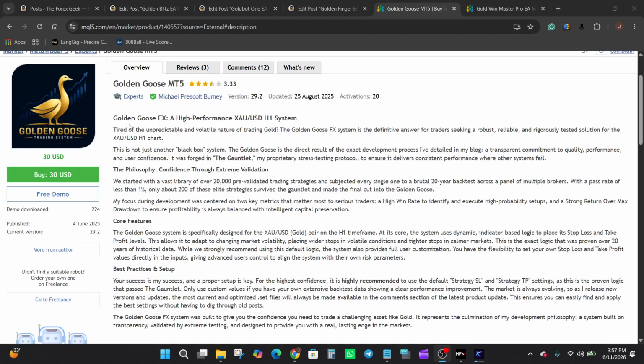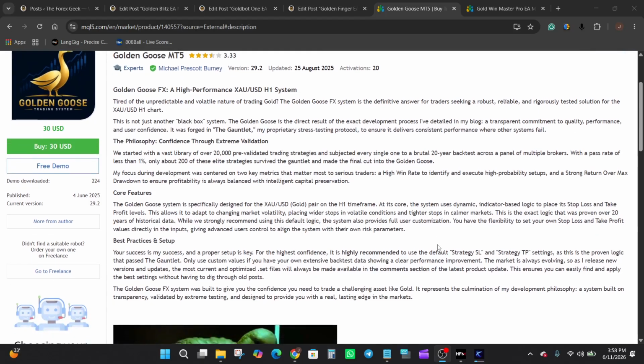I know that I saw another Golden Goose, same name, for MT4. But this is actually Golden Goose MT5, and that's what we are discussing in this video. So before anything else, I would recommend double checking the exact platform compatibility before installation, just to make sure it matches your trading setup.